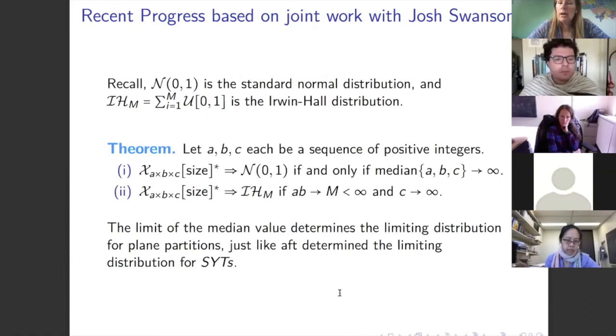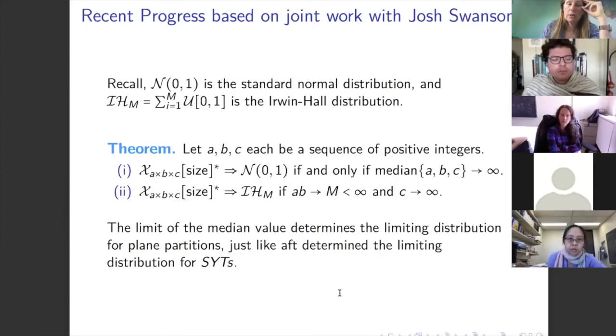So let's think of, I'm getting rid of the superscripts here because they get a little more complicated, A, B, and C each as sequences of positive integers. The corresponding sequence of random variables approaches normal if and only if the median of the numbers A, B, and C approaches infinity. So median is the analog of aft in this case.